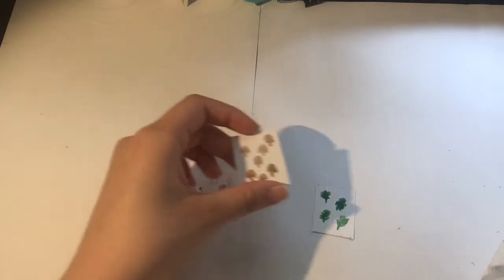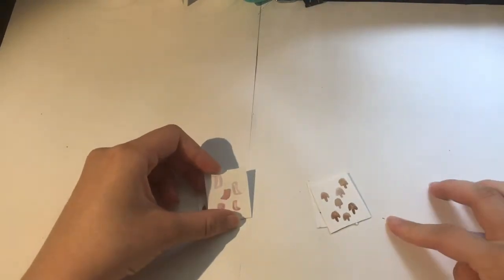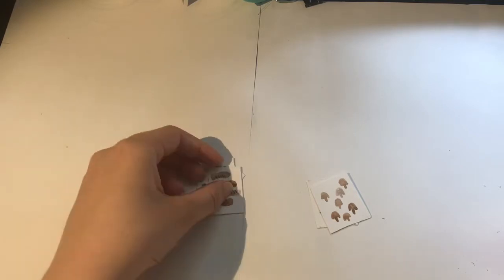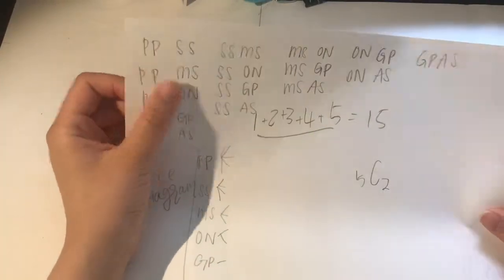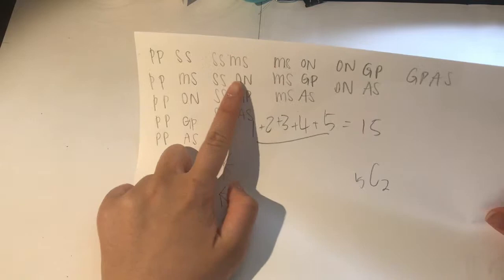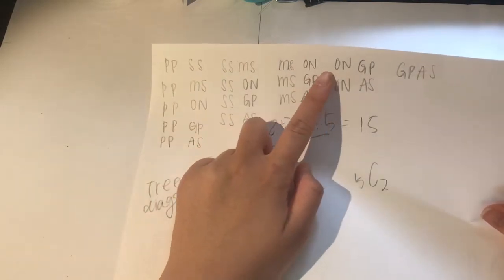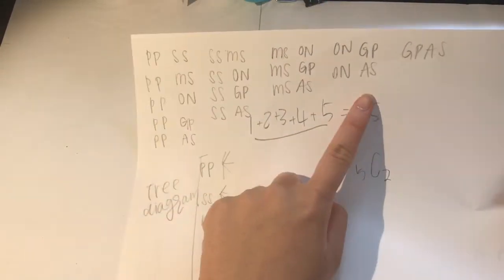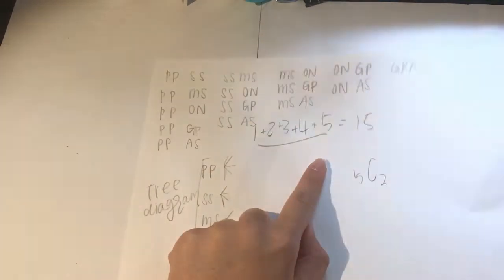Likewise, we can do mushroom with onion, mushroom with green pepper, or mushroom with sausage, and so on, which we can efficiently list here with pepperoni and sausage, mushroom and sausage, mushroom with onion, onion with green pepper, and so on, which gives us 1 plus 2 plus 3 plus 4 plus 5 different combinations, which brings us to 15.